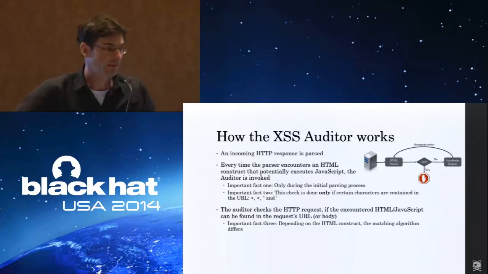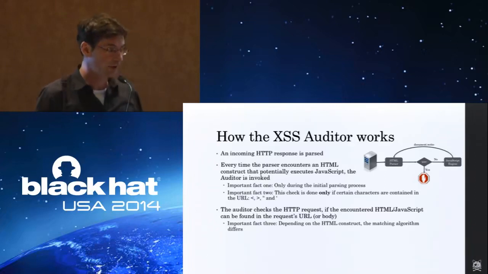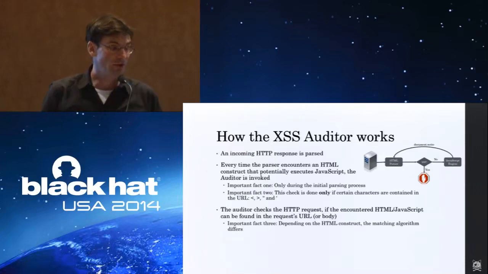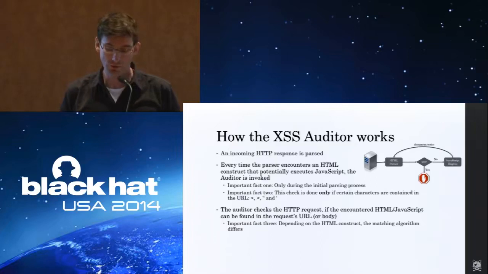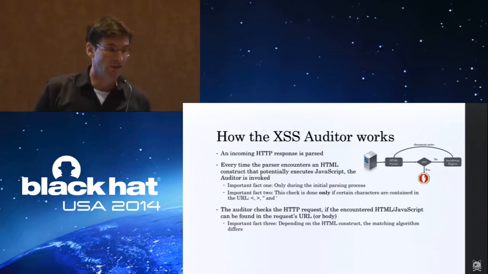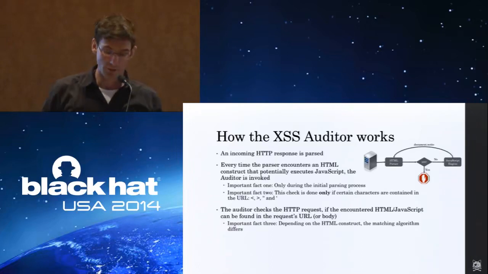If these two conditions are met, so if the auditor says, okay, here's a JavaScript carrying construct, and the preconditions for a potential injection are present, then the auditor does the matching process. So it takes the JavaScript that you just found during the parsing process and checks for this JavaScript in the URL and, for post requests, in the post body.